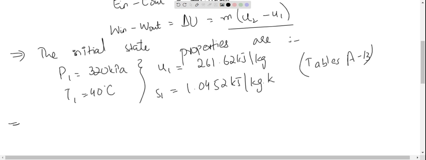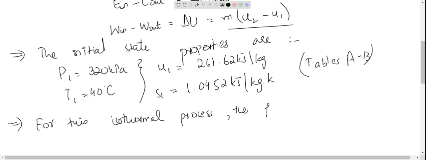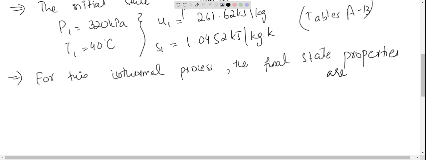So now for this isothermal process, the final state properties are from the table A11.